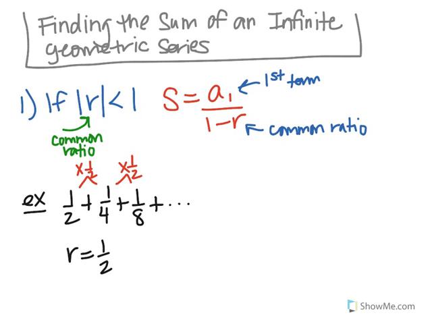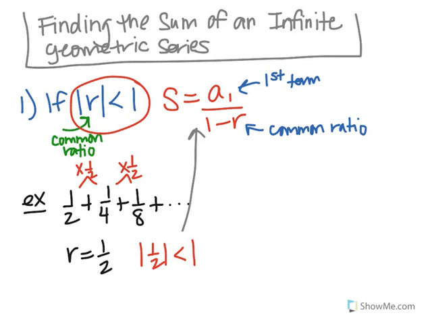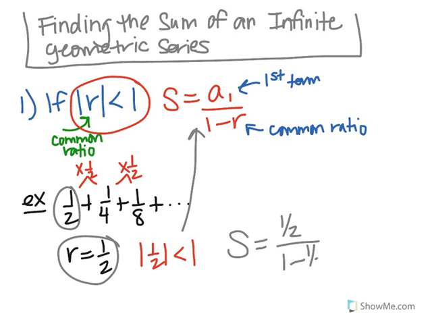Since the absolute value of 1/2 is less than 1, I know that I'm going to use this formula. So the sum would equal the first term, which is 1/2, over 1 minus the common ratio, which is 1/2. Basically I get 1/2 over 1/2, or 1, and that's what I got on the calculator by just summing up a whole bunch of terms.